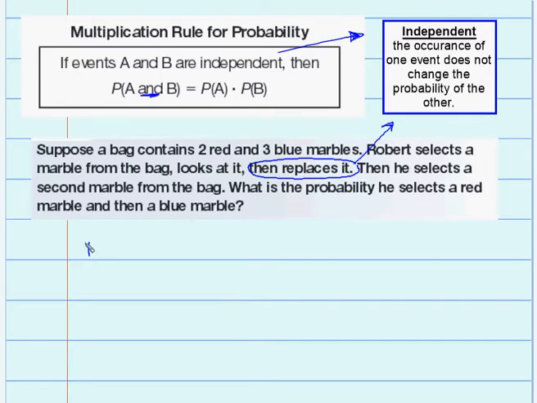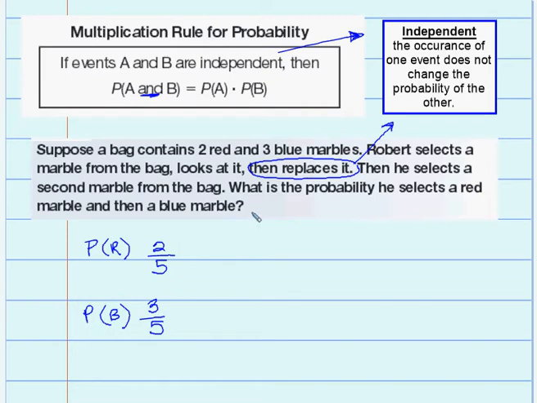So let's do the probability of getting a red marble. There are 2 out of how many total? 2 out of 5. And what's the probability of getting a blue marble? 3 out of 5. And these are independent because we replaced the marble that we took out. If we didn't, that changes things, because then our pool to pick from is fewer.